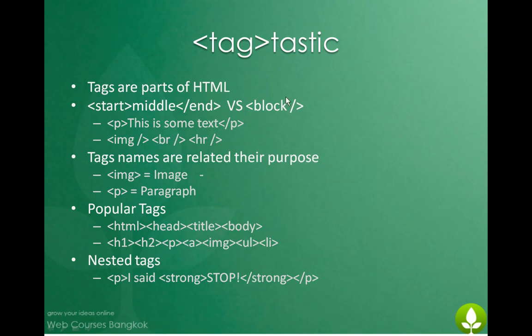You've also got block. Now these block tags sort of terminate themselves, and these ones here are like images. So here, P, this is some text, end P. So P, we always do this in web courses, and then a slash, and then a P. The block ones are like this. That's an image, that means a new line, and this one is a horizontal rule.